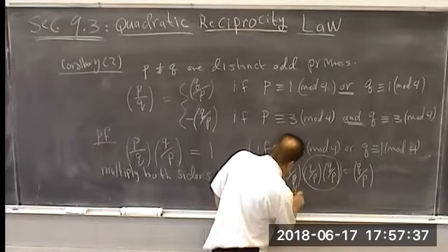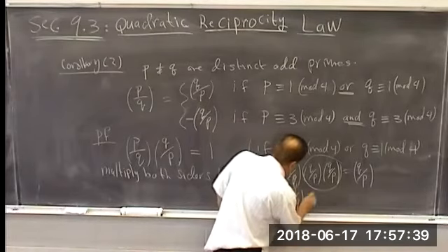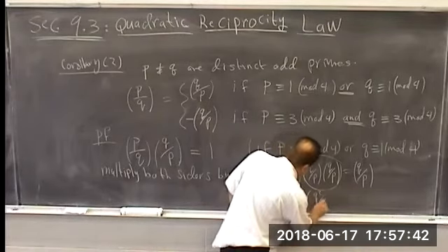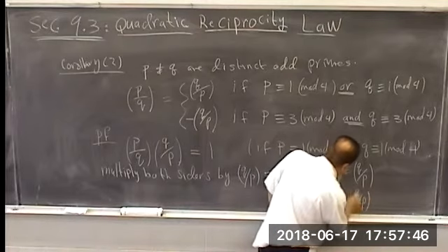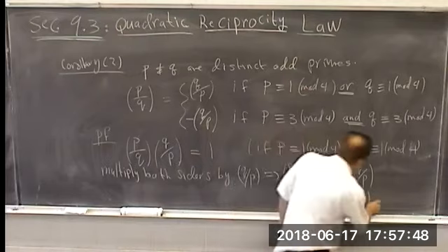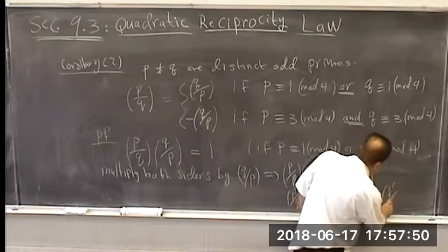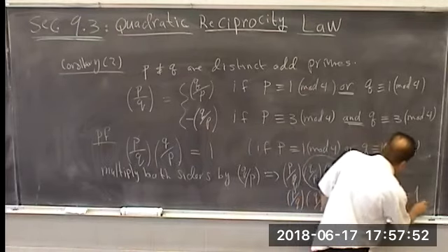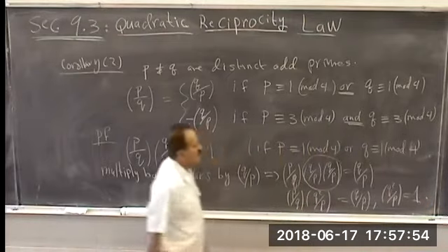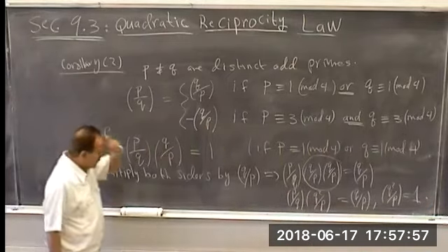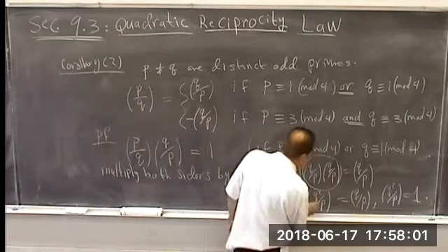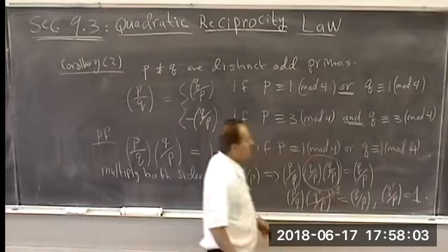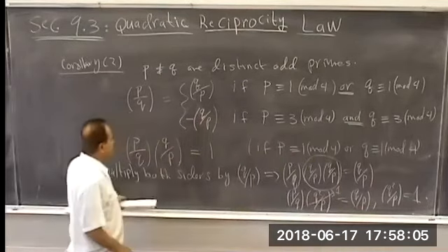So this is (P over Q), and this is (Q over P) squared. But (Q over P) squared is equal to 1. This is a property of the Legendre symbol, which makes (P over Q) equal to (Q over P). So we are done. Let's look at the other case.